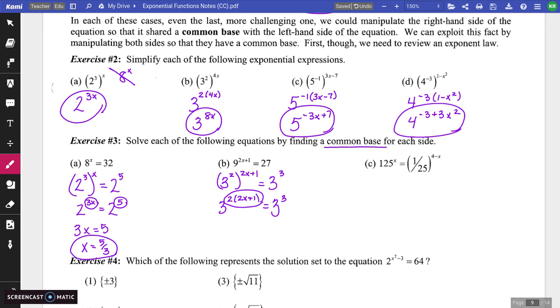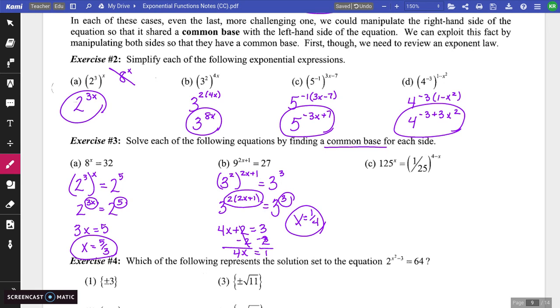So this exponent must be equal to this exponent. I'm going to go ahead and distribute. So that's going to turn into 4x plus 2 equals 3. So to solve this one, get 4x equals 1. So x would be 1/4.